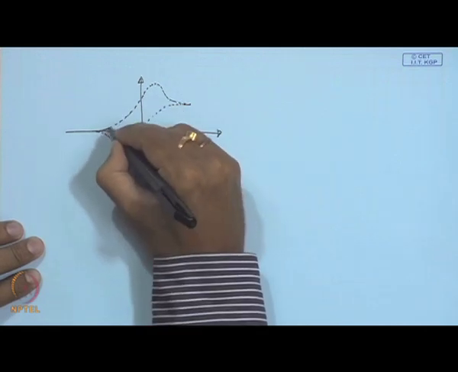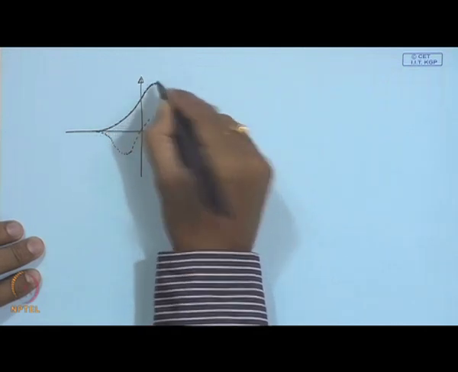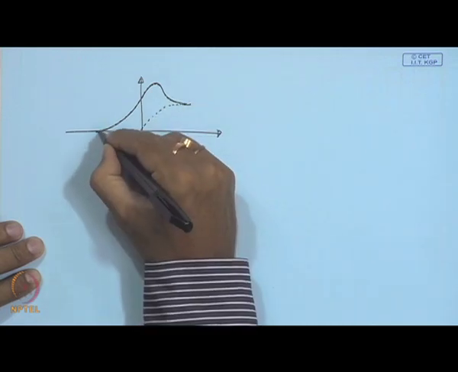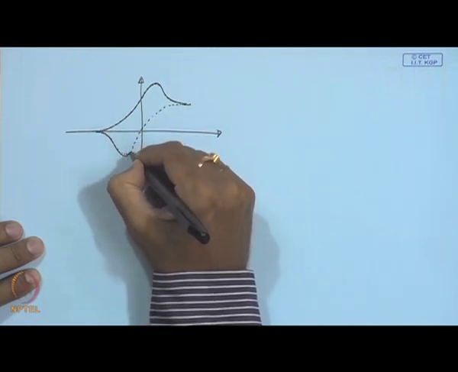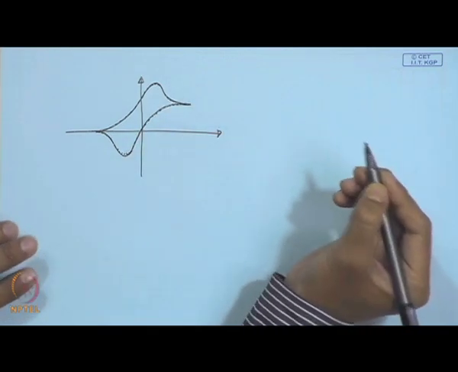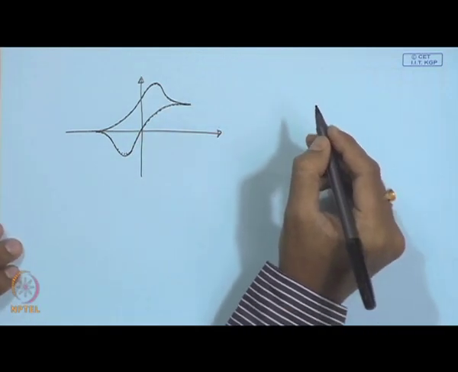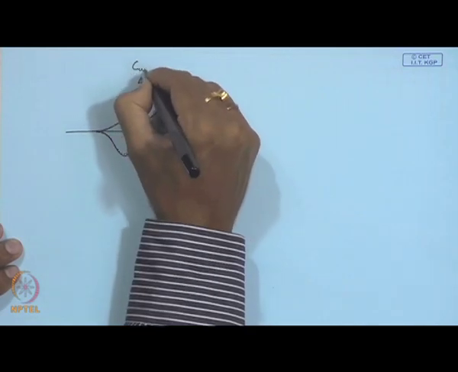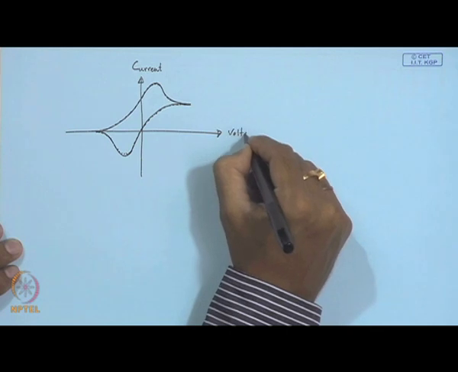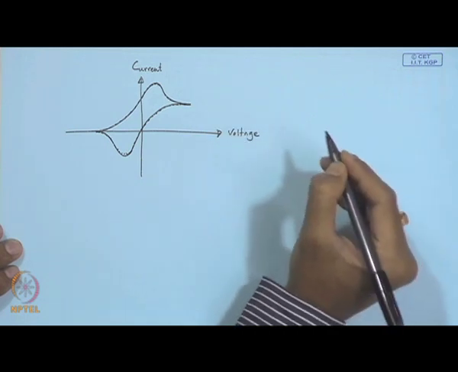So, the curve will be joined by a line. Okay. So, this is your current and voltage. Okay.